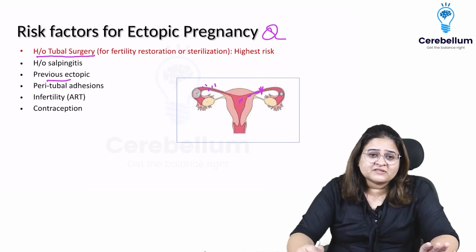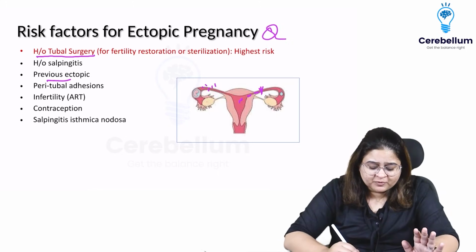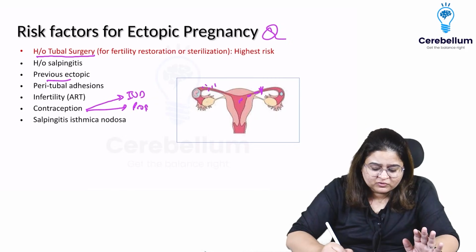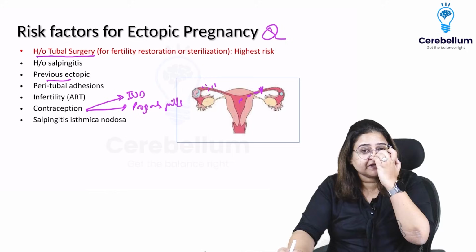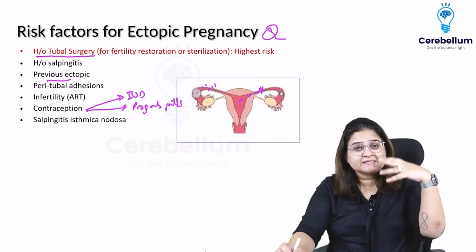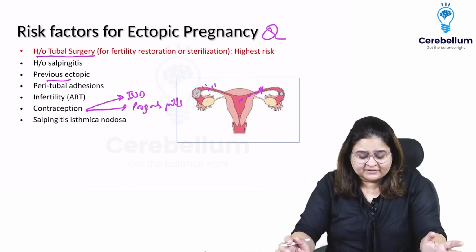Which contraceptive methods increase the risk of ectopic pregnancy? We have intrauterine devices, very important. We have progesterone only pills. So intrauterine devices and progesterone only pills are the two contraceptive methods that increase the incidence of ectopic pregnancy.